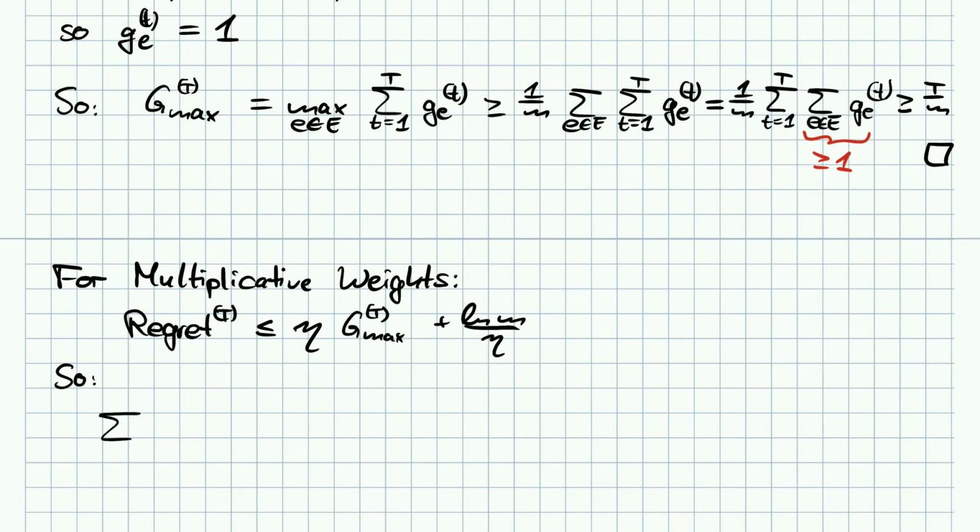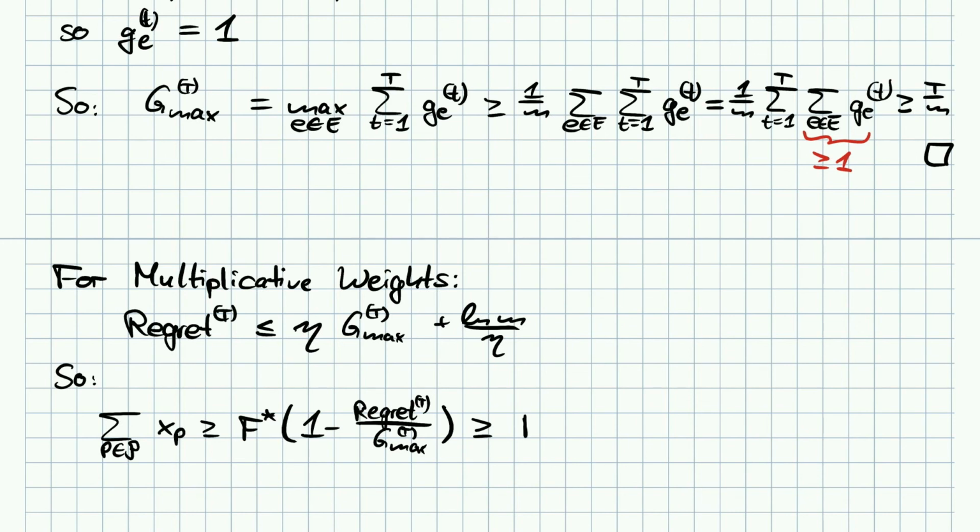We had that the value of our flow is at least f star times 1 minus the regret by time t divided by g max t. And how big will this be?